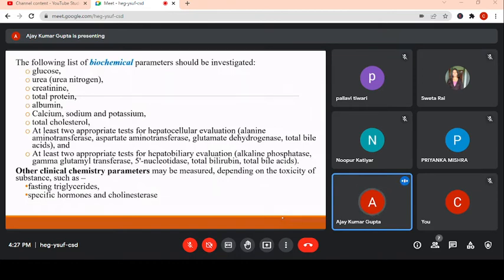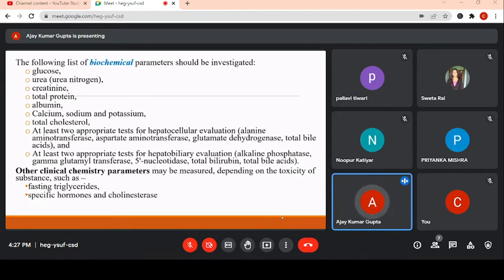Alkaline phosphatase, gamma glutamyl transferase, 5 nucleotidase, total bilirubin, total bile acid. So these biochemical parameters for each animal, as given in the procedure, have to be noted down, recorded to write the result and conclusion.